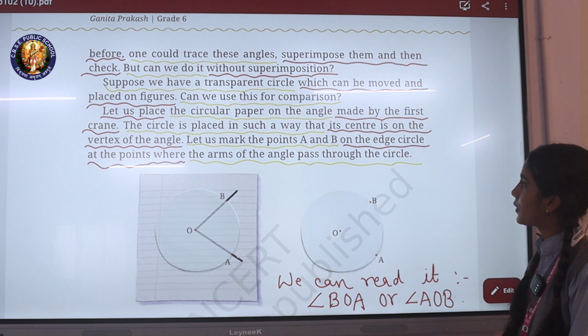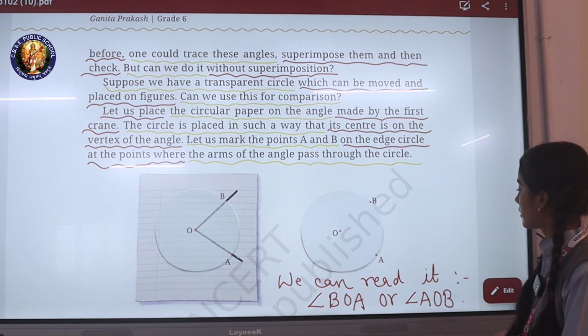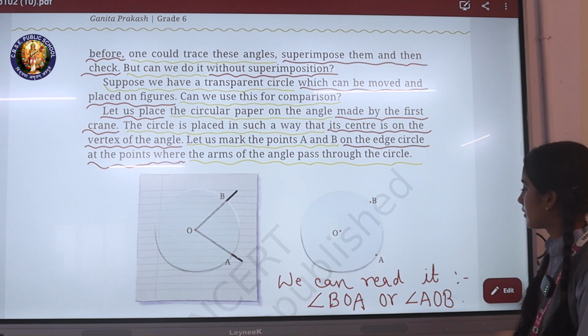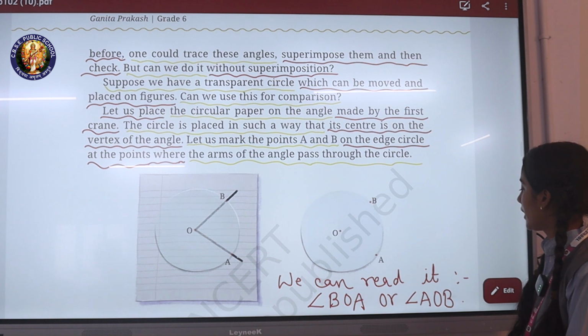Let us mark the points A and B on the circle at the points where the arms of the angle pass through the circle. We can read it as angle BOA or angle AOB.